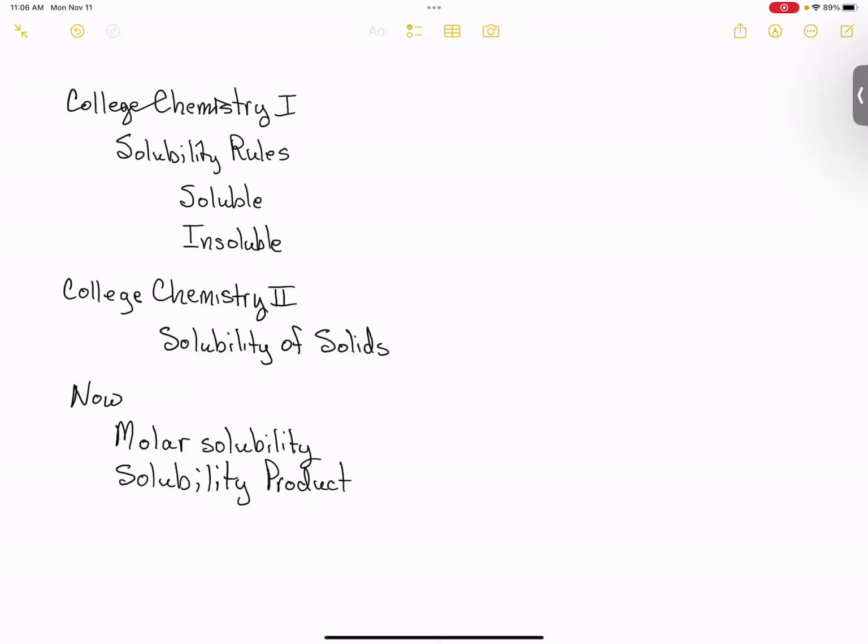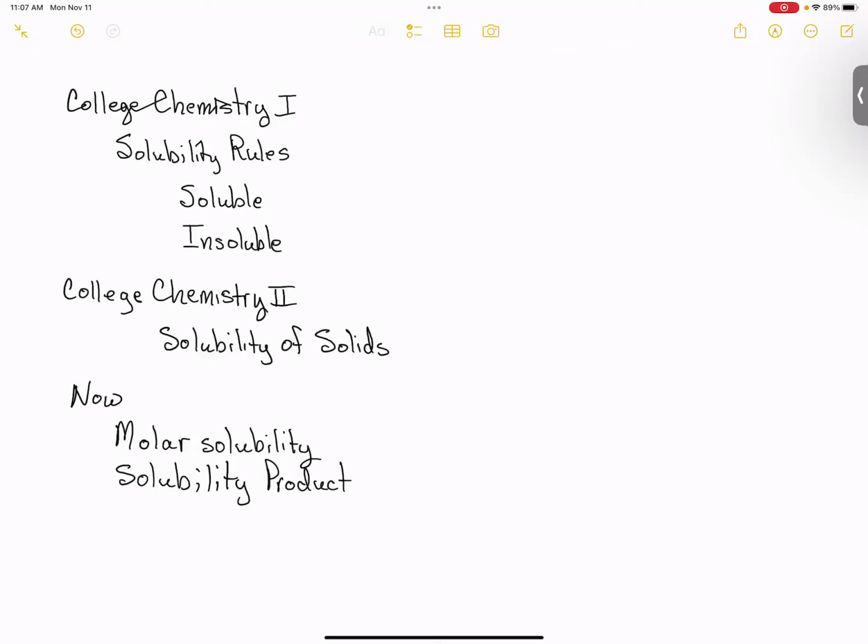Now, early in the semester, we started talking about solution formation. And one of the things we talked about with respect to solution formation is the solubility of solids. We were focused more on what impacts the solubility of solids. And for the most part, again, this is a generalization, as you increase the temperature, you're going to increase the solubility of solids in an aqueous solution.